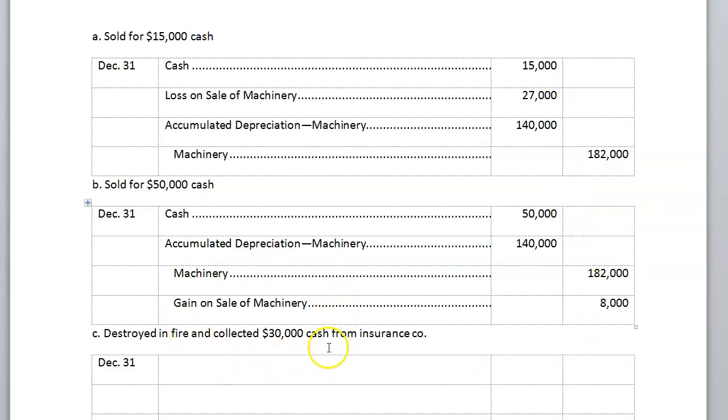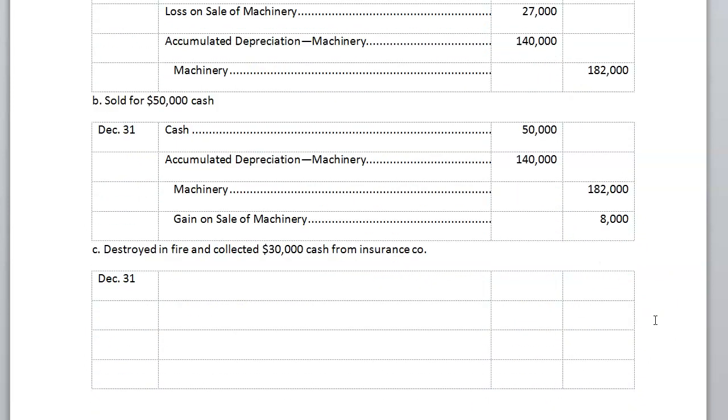So we're going to have a gain of $8,000. So losses are going to be debits, their expenses, and gains are going to be credits, their revenue. You can also use the amount of the journal entry that you've already recorded to determine if you need an additional debit or credit to make sure it balances.